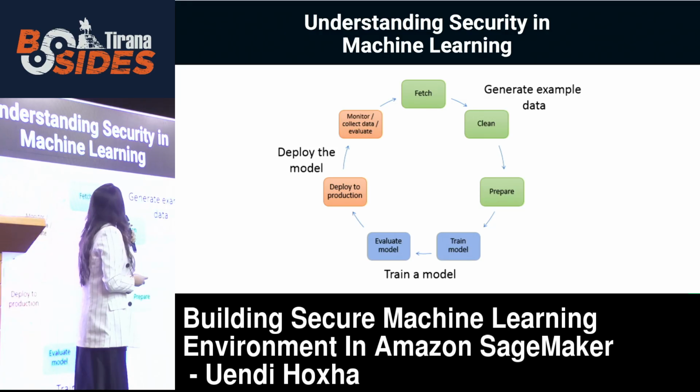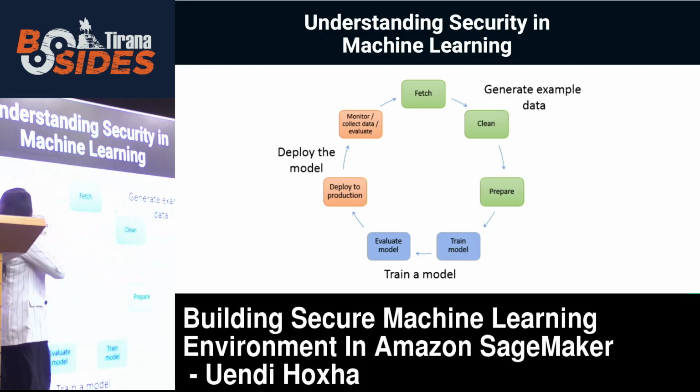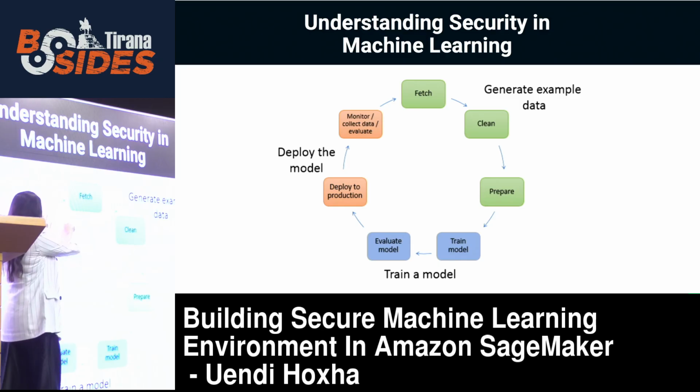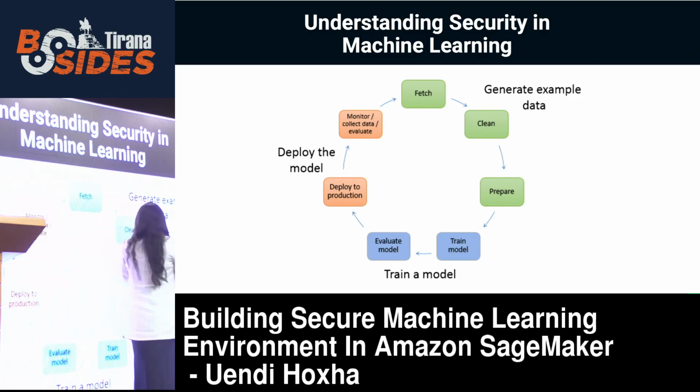So here is a more general example of how the data is processed, and the steps that it follows in machine learning. The fetch, clean, and prepare is the process when the data comes, when it's still in storage.